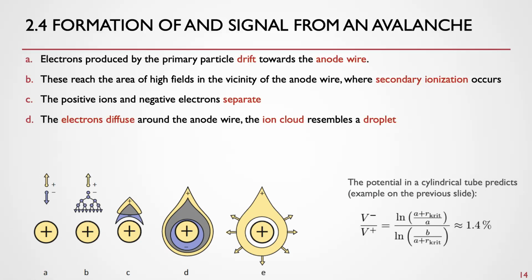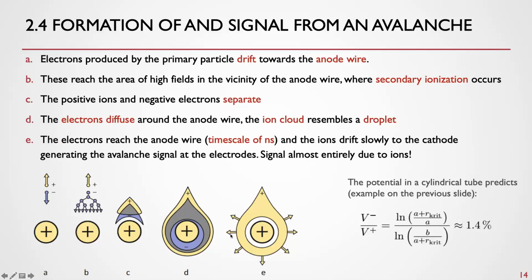Because the diffusion and drift velocities of the electrons are 2 orders of magnitude higher than for the ions, the electrons very quickly diffuse around the anode wire, and then they are absorbed very quickly. Hence, on a time scale that's a factor 10 to 100 faster than the ion movement, the electron signal from the avalanche is absorbed in the wire.